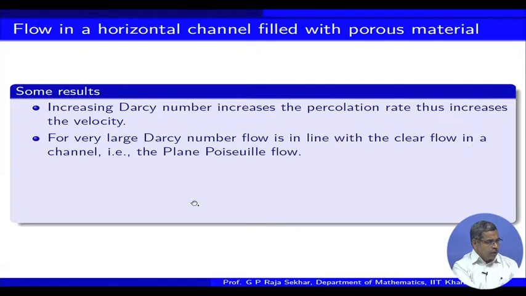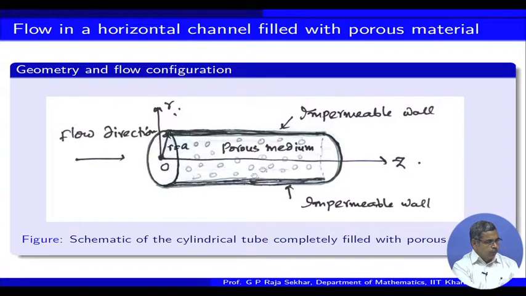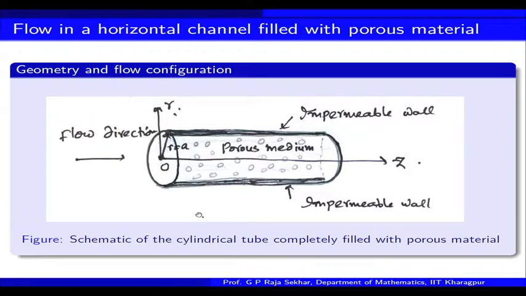Okay. So, now we move on to the next problem. This is another simple elementary configuration that we discussed for the clear flow case. So, again similar to the case we discussed, flow inside a tube, but here we are discussing packing. So, this has a lot of applications, even though this is a very elementary problem.